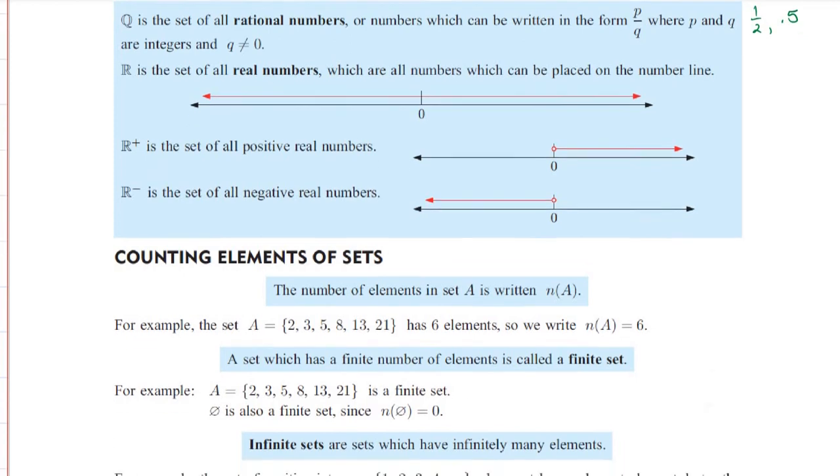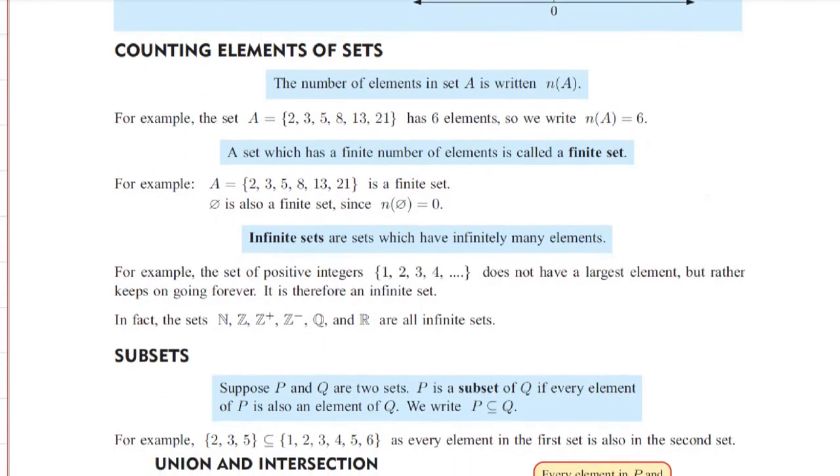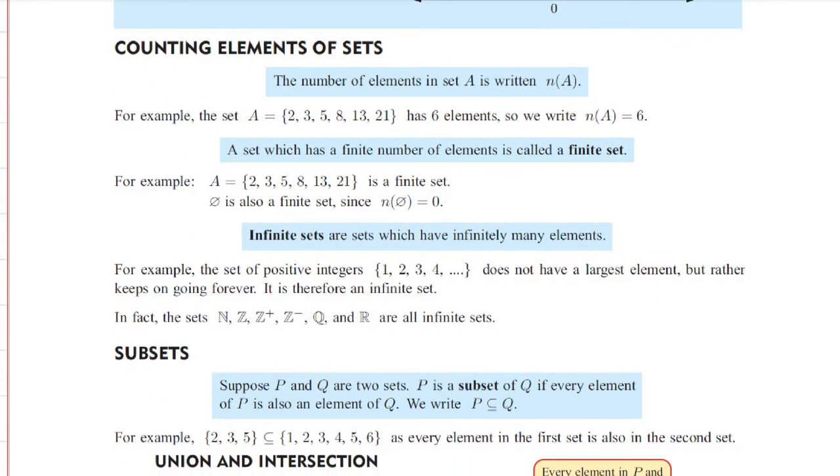So far we know what a set is, just a group of numbers. We name it with a big capital letter, and we list the elements inside brackets. If you want to know how many elements are in your set, you can ask for this. So this notation means what's the number of elements in set A. So for example, that's given here, we have 1, 2, 3, 4, 5, 6 different values.